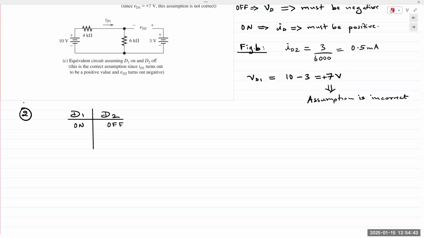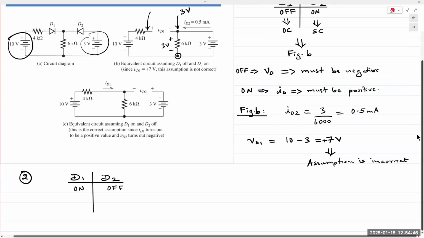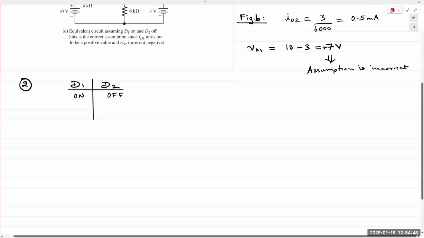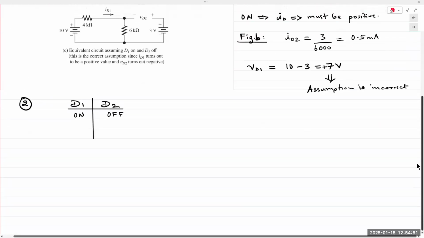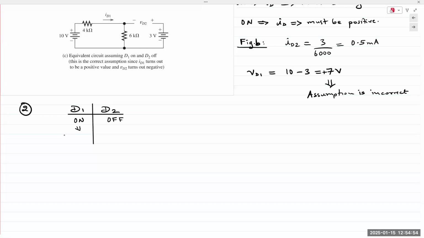And so if D1 is on, it's replaced with a short circuit, and D2 is replaced with an open circuit, which leads us to figure C. And in figure C, again, the same thing is repeated on the other side. If it's a short circuit, then ID1 must be a positive number and VD should be equal to 0.